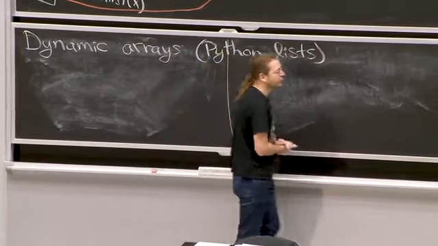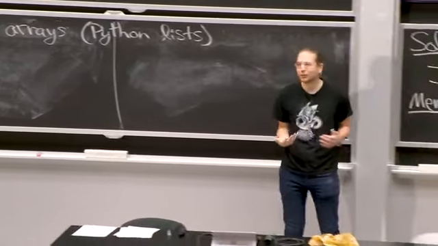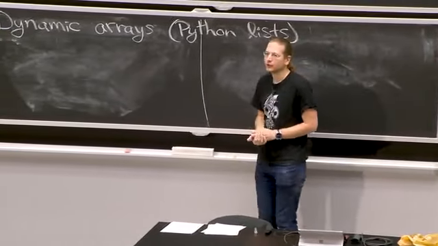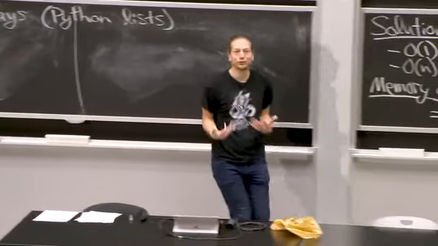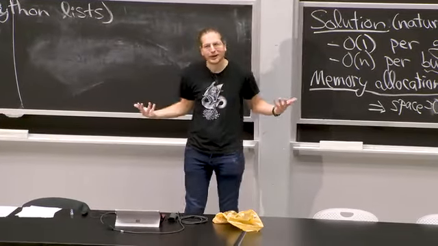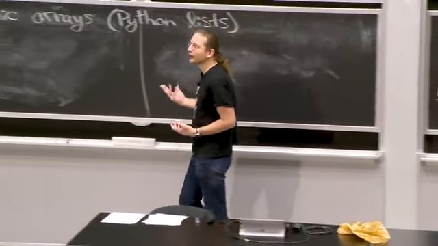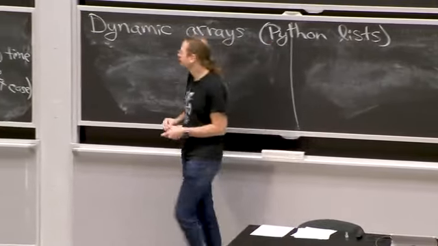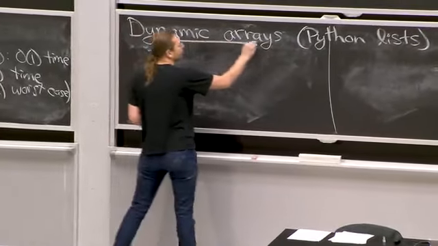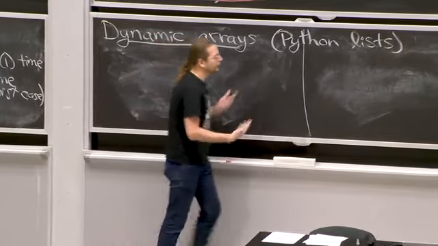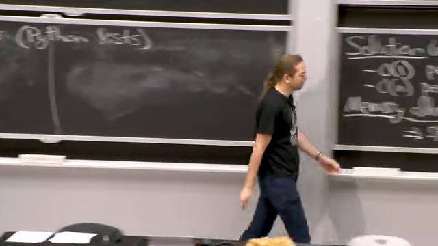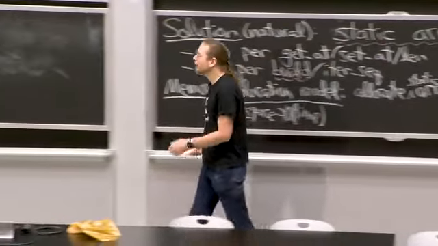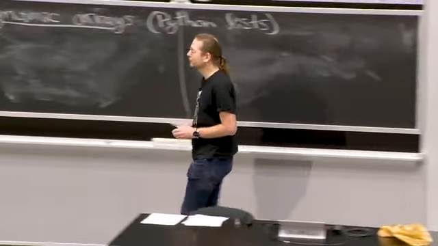So you don't have to implement a dynamic array by hand because it's already built into many fancy new languages for free because they're so darn useful. This lecture is about how these are actually implemented and why they're efficient. And in recitation notes, you'll see how to actually implement them if all you had were static arrays. But luckily, we have dynamic arrays, so we don't have to actually implement them. But inside the Python interpreter, this is exactly what's happening.